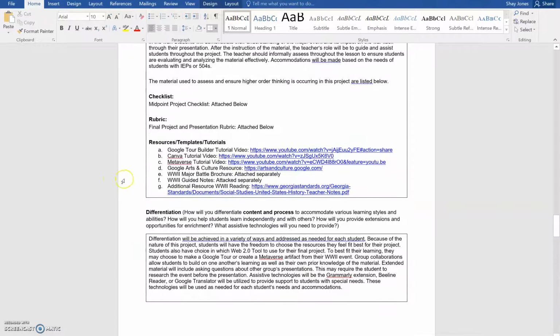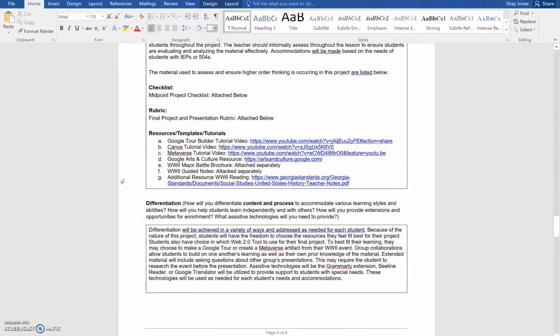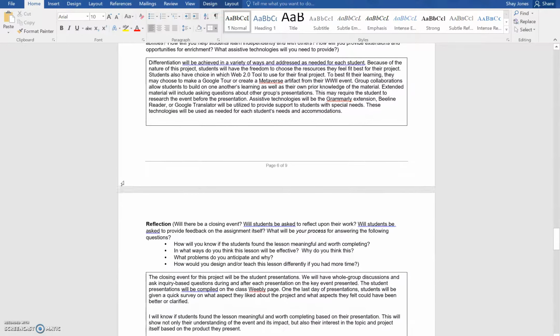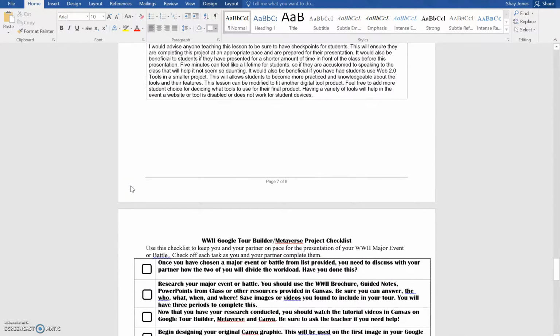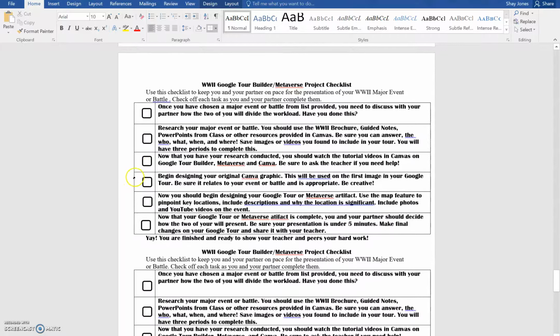Students would be given tutorials, rubrics, and checklists to help guide them throughout the lesson. One thing that I really suggest if you're going to teach this lesson is to provide multiple types of technologies, and that way students have a choice in using something that they're comfortable with.